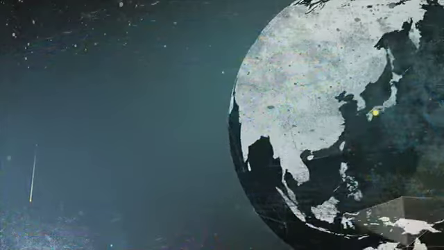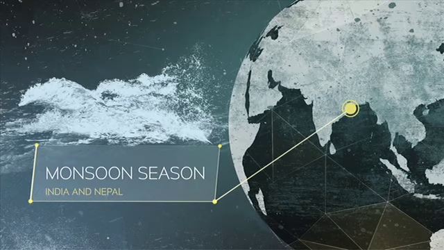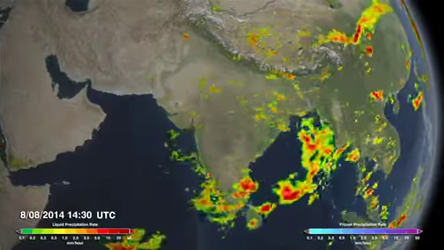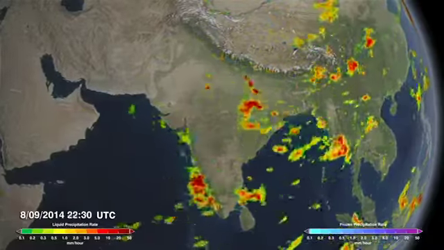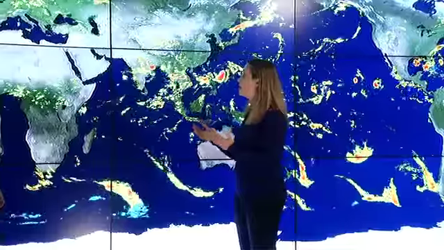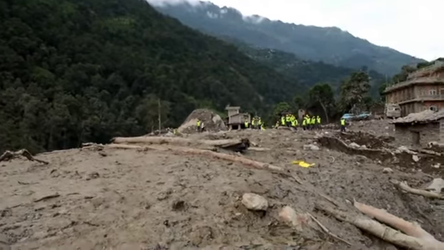As we head south through Asia, seasonal rains drench India and its surrounding areas. One of the things that we can observe about this data set is where and when rain is happening. By being able to see, for example, this huge cluster of storms from the monsoons, we can understand where we might get heavy rainfall that leads to landslides and flooding. In fact, what we observed during this time is a landslide that caused 150 fatalities.